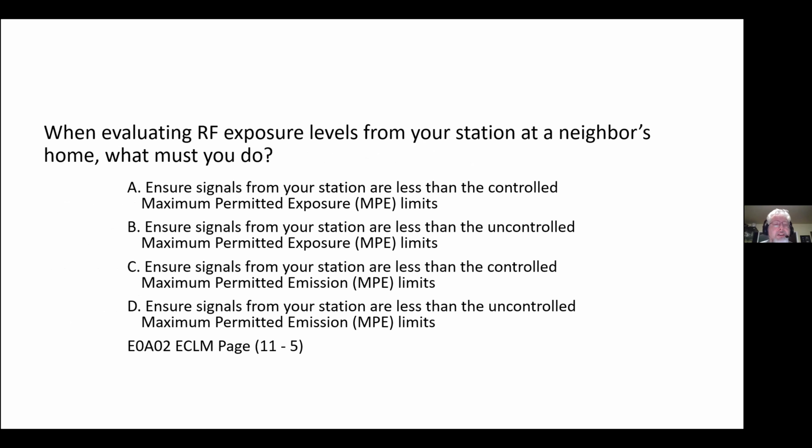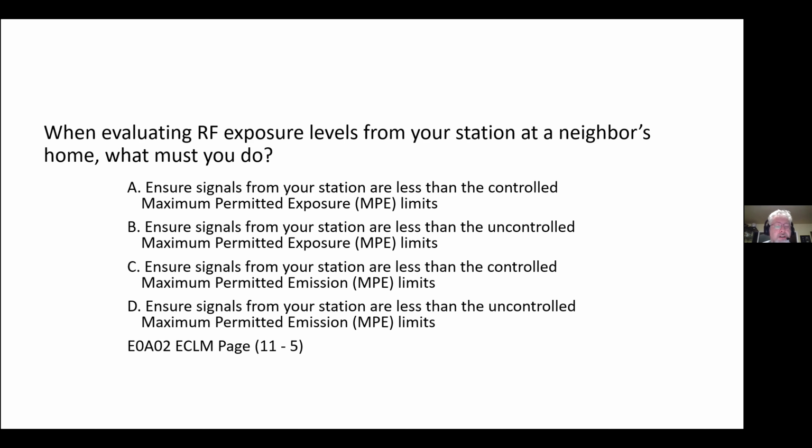When evaluating RF exposure levels from your station at your neighbor's home, what must you do? A, ensure signals from your station are less than the controlled maximum permitted exposure MPE limits. B, ensure signals from your station are less than the uncontrolled maximum permitted exposure MPE limits.